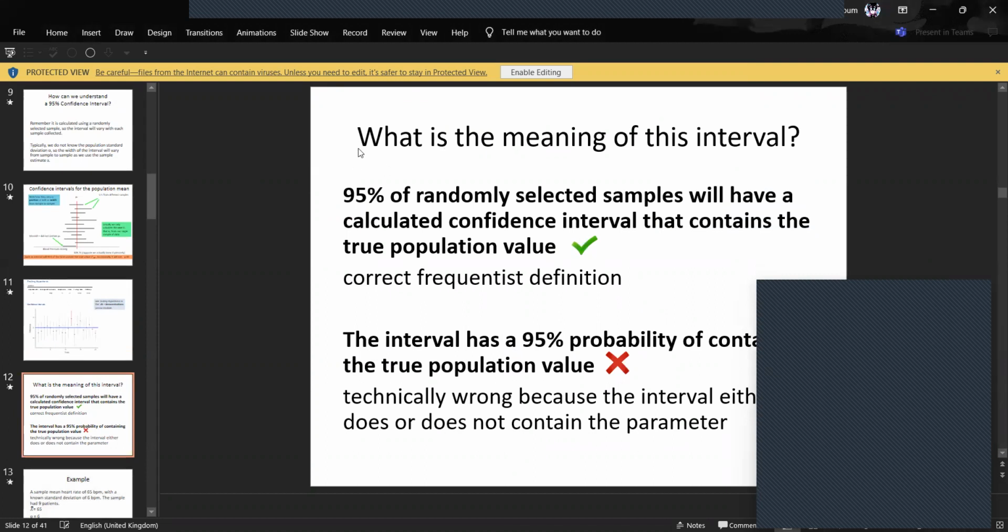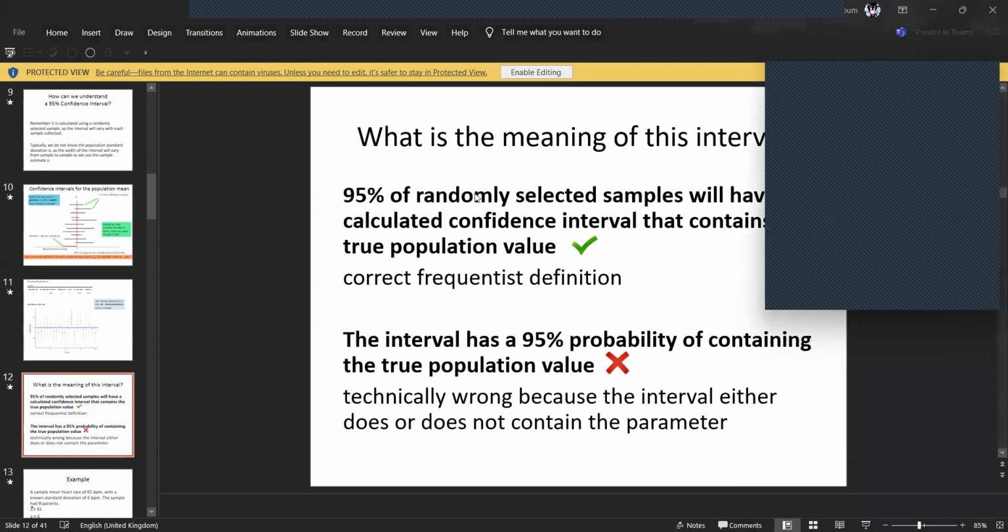Okay, so what is the meaning of this interval? There are two different definitions that you can use, and depending on which philosophy you subscribe to, you might prefer one of them. Either you will say that samples that you collect have a 95% chance of actually containing the population mean, which I'm guessing Dr. Peter considers to be wrong.